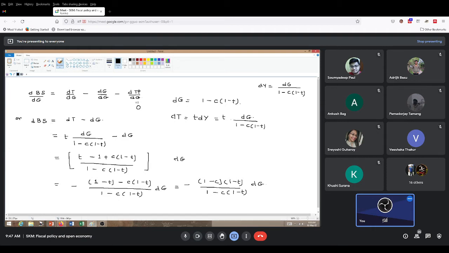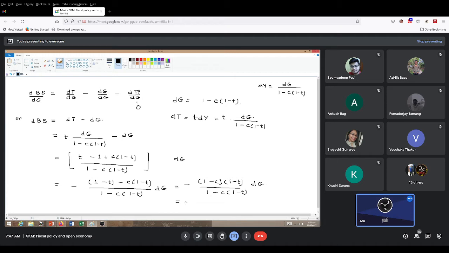Okay, so dBS, the change in the budget surplus, is equal to this expression. Now dG is positive. What is 1 minus c, positive or negative? 1 minus t? Also positive. c into 1 minus t is positive and less than 1.